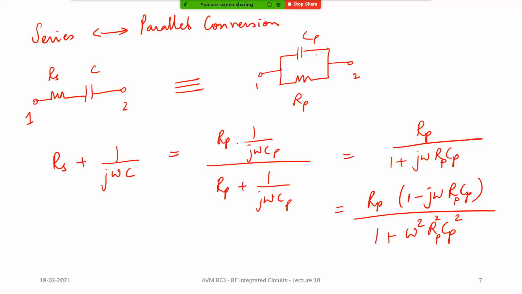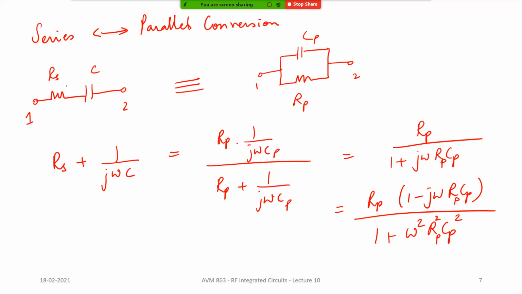So have that in mind, don't get confused. Even if you have only two elements, or for that matter on the left hand side, you have a series RC network, the Q of the series RC network is given with the same formula if you assume an imaginary inductor which is resonating out the capacitor.